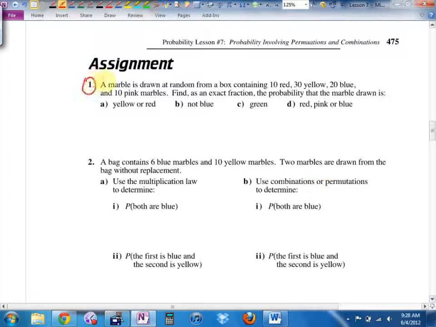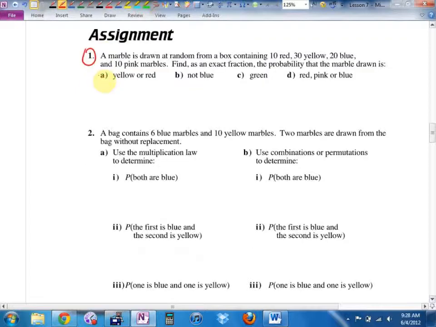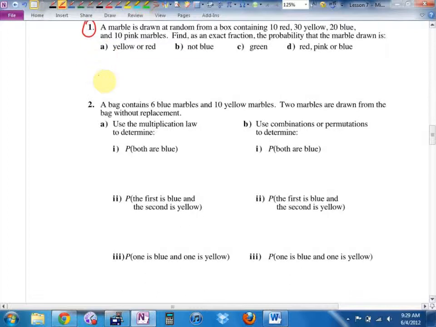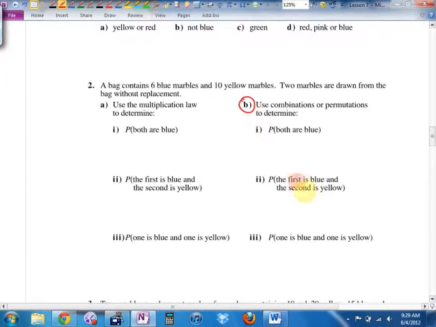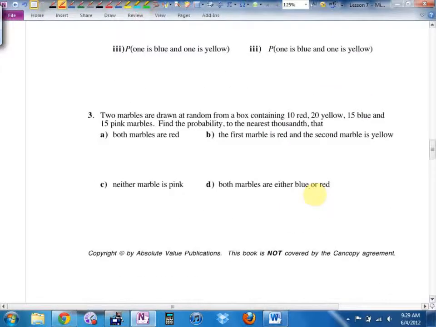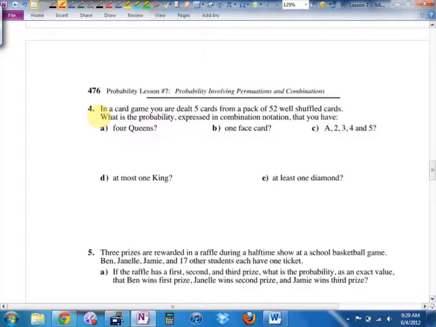Number 1. That's a single marble tree, or visualize it. Number 2, try it with combinations if you want. Although for permutations, first and second, I would just multiply down the tree. 3 is good. 4A is good. 4B is good.